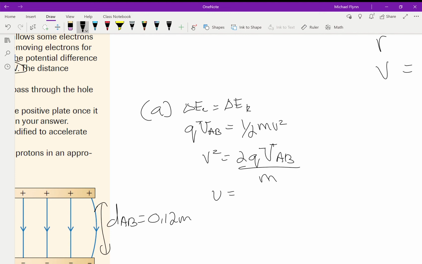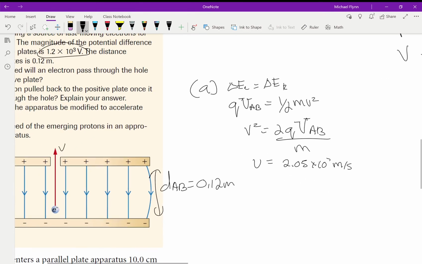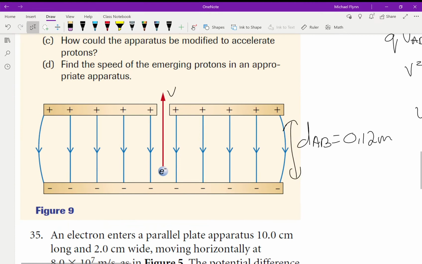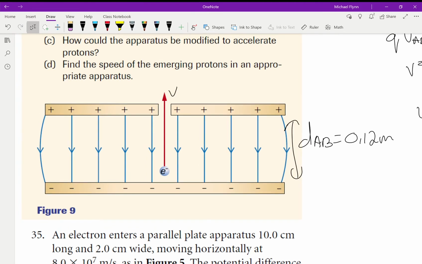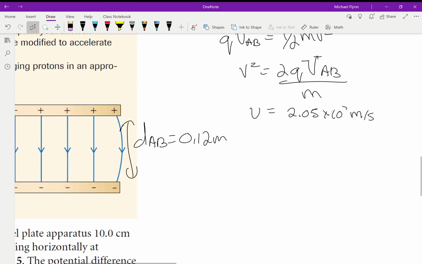I have to take the square root, and I get 2.05 times 10 to the 7 meters per second. Again, that seems like a very high speed. It is very high, but these guys are incredibly small. They can go really, really fast, and have this amazing acceleration because they're so light. All right, there's question A.